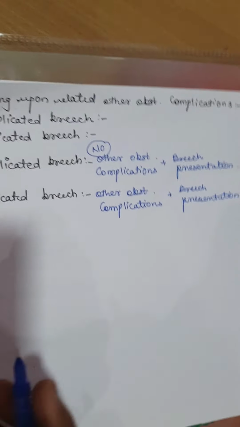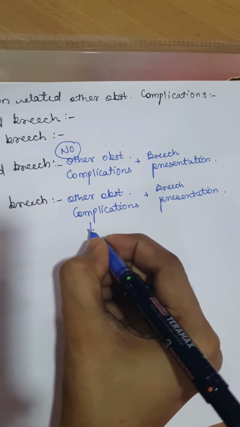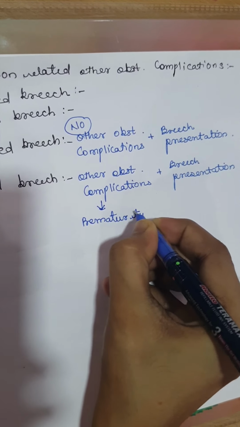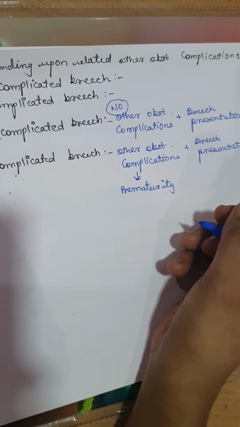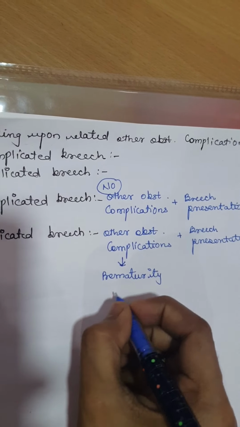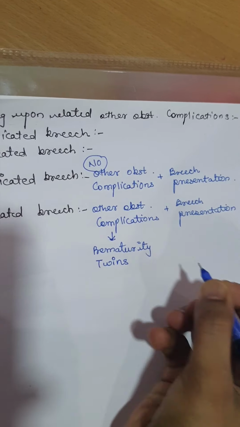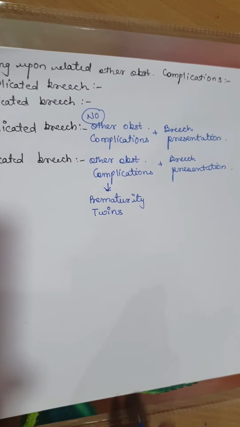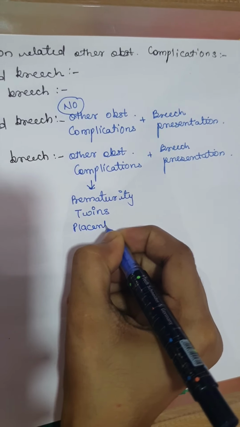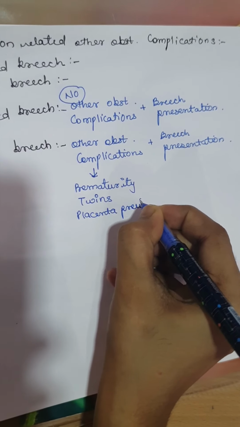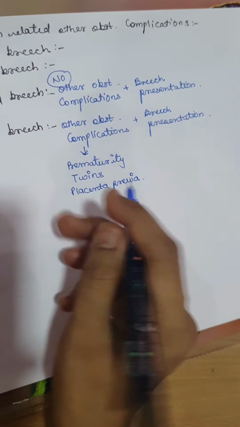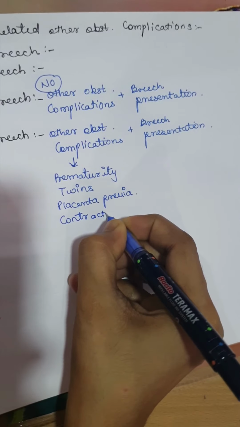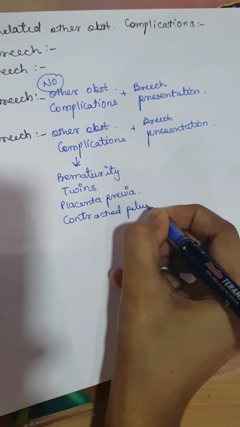The obstetric complications such as prematurity, if there is a chance of premature delivery, or if there is a multiple pregnancy, that is twins, or there is abnormal site of implantation of placenta as in placenta previa, or if there are complications in the pelvis, if it is a contracted pelvis. So these are the obstetric complications.